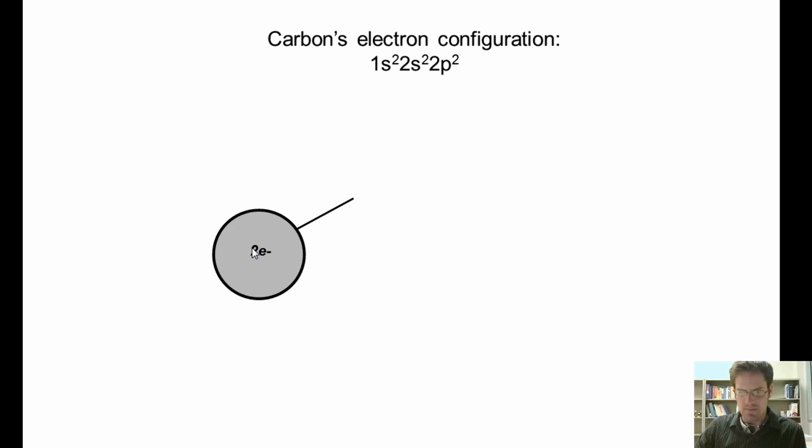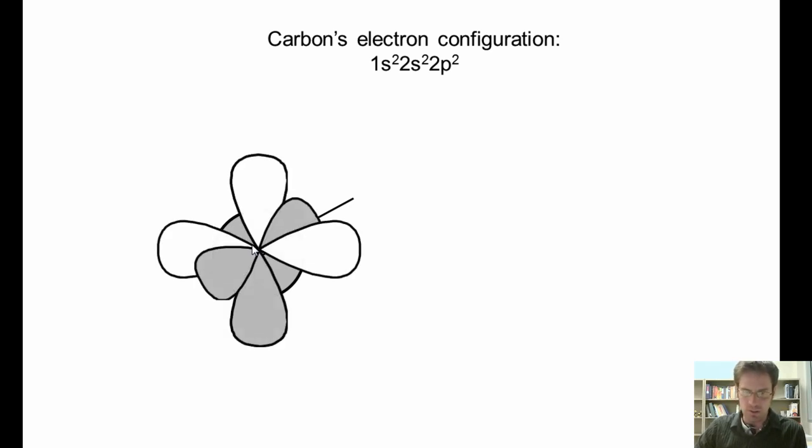Outside of this layer, we see carbon's 3 individual 2p orbitals, which straddle the x, y, and z axes 90 degrees apart from each other. If we look over here, you'll see that the electron configuration indicates that there are 2 electrons in carbon's 2p orbitals.